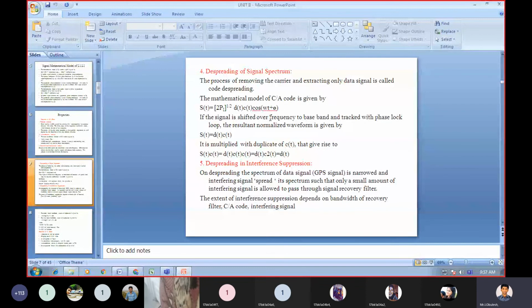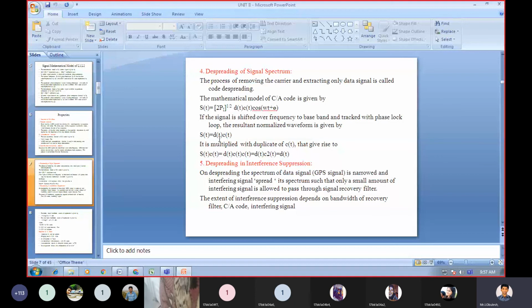If the signal is shifted in frequency to baseband and tracked with a phase lock loop, the resultant normalized waveform is given by S of t is equal to d of t into c of t.